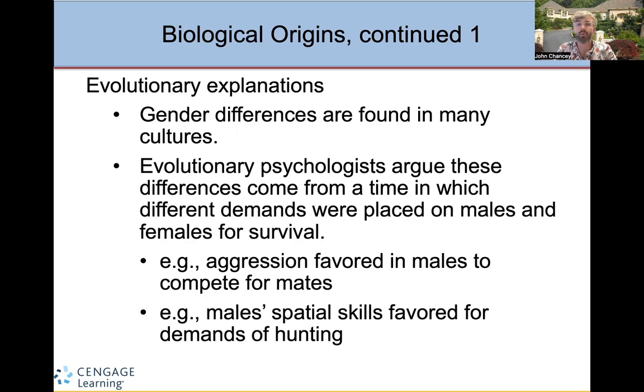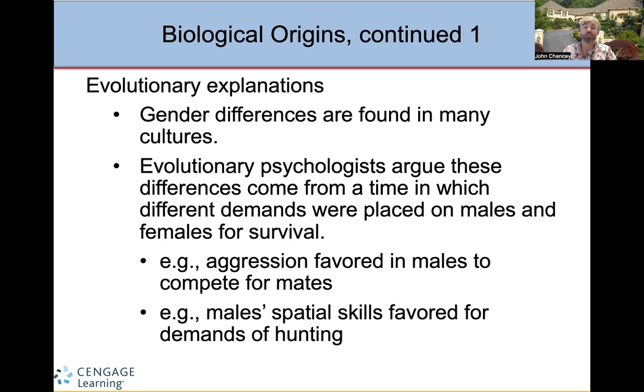They argue, for example, that those differences come from a time typically long in our ancestral past, where different demands were placed on males and females in terms of our survival. Everything about evolutionary psychology is about promoting survival. So, for example, aggression typically favored in males, their ability to compete for certain mates, like being more aggressive, being physically dominant, for example, likely allowed you to survive and keep the species going.